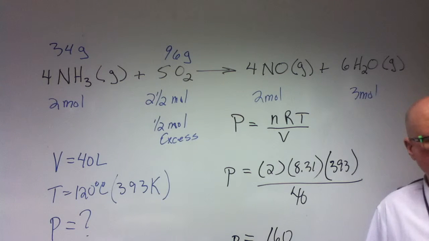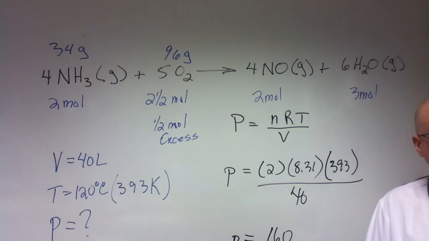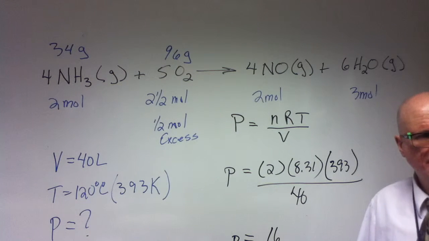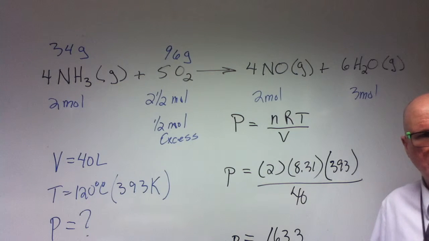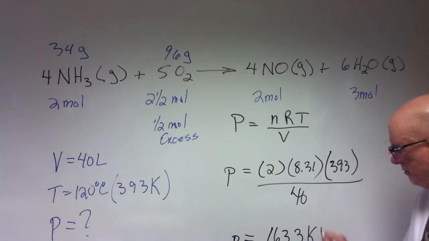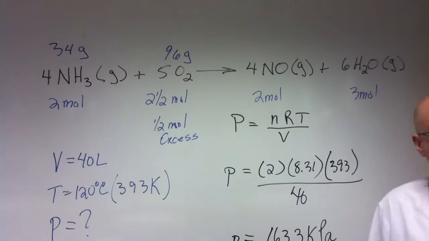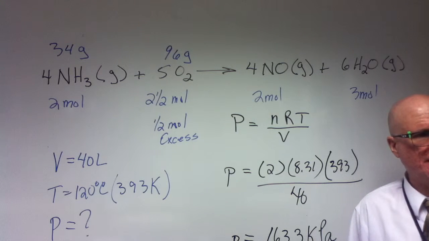Yep. Did you round that, Abdullah? I think you took a few liberties with that rounding. Do it again, Abdullah. Is that right? 163.3? Yeah. Andrew, please make sure that the young man gets it correct.